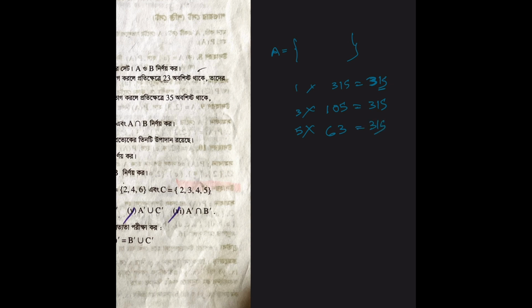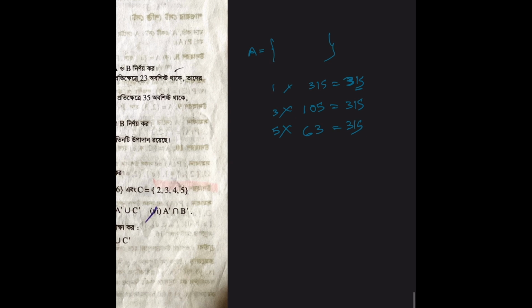Now, if we add up the digits of 315, it is 3 plus 1 is 4, plus 5 is 9. Since 9 is not divisible by 6, 315 is not divisible by 6. 6 is not a factor of 315.